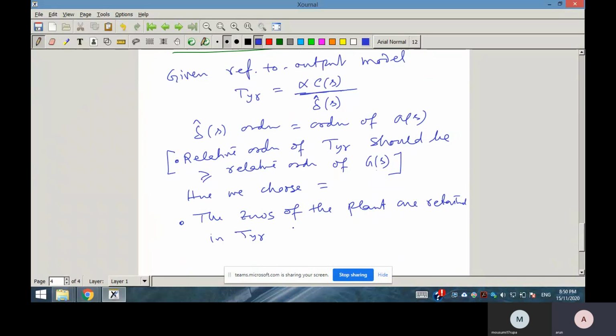Otherwise, as I said, RHP zeros should always be retained.